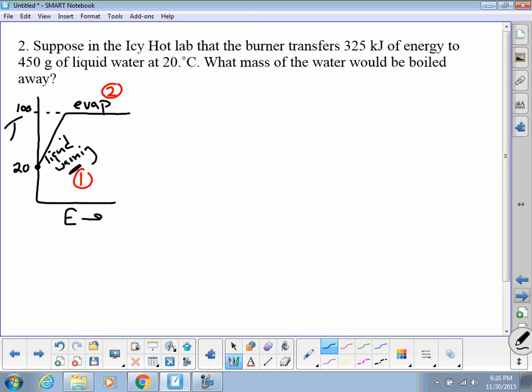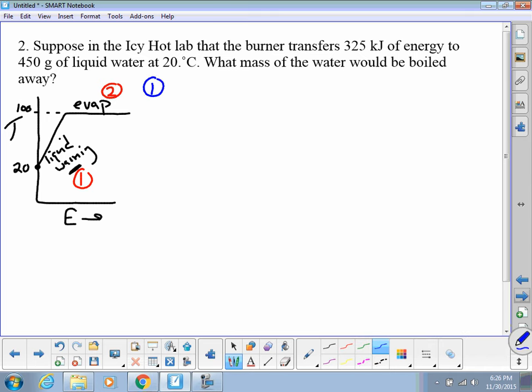So in questions like this, where you have a set amount of energy that you're working with, as you go from step 1, step 2, maybe a step 3, you have to keep track of how much of the limited energy you have left to work with. So let's start work on this one and see what we end up with.